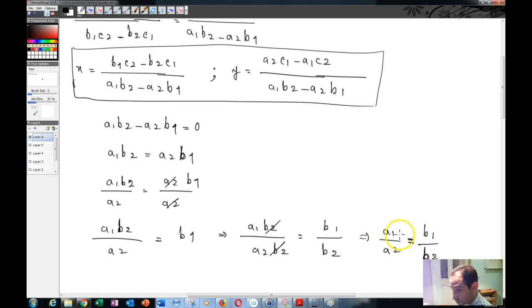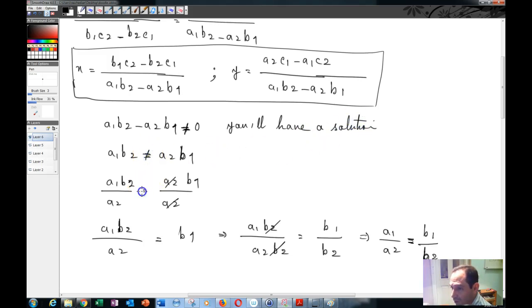So, I'm sorry, if it's equal to 0, then you're going to have no solution. If it's not equal to 0, you will have a solution. Okay, so you will have a solution.